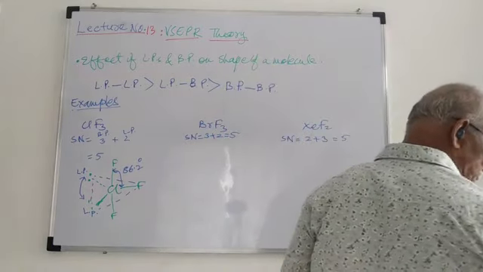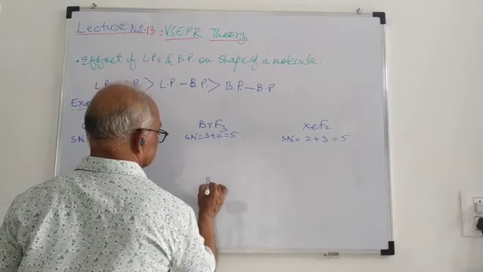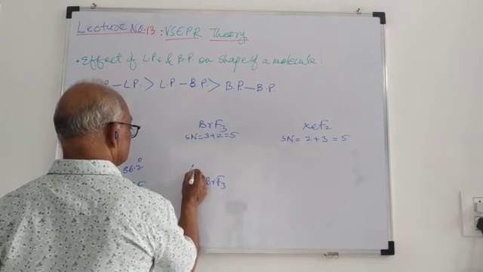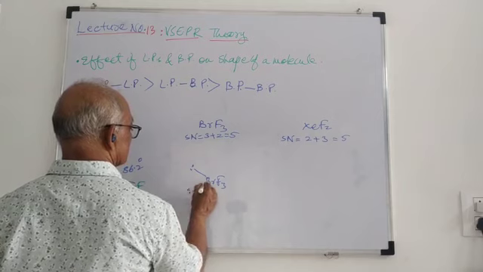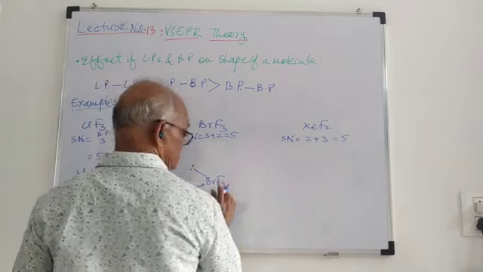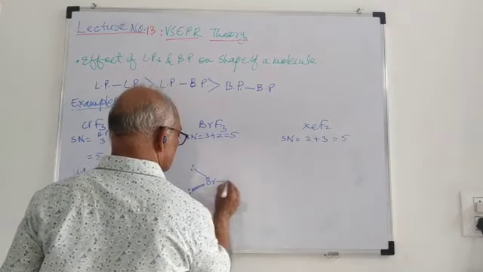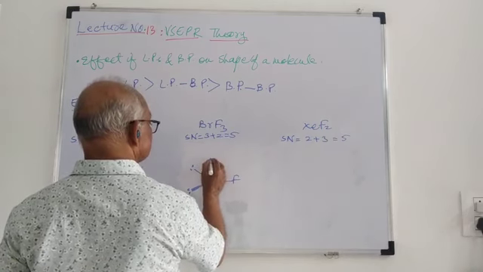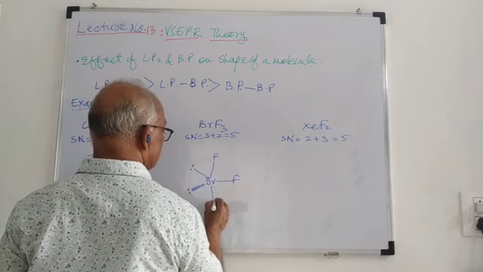Both are the same. Now in case of BrF3, it is the same case, there are two lone pairs. There is one fluorine in this plane, and two fluorines have slightly moved away.